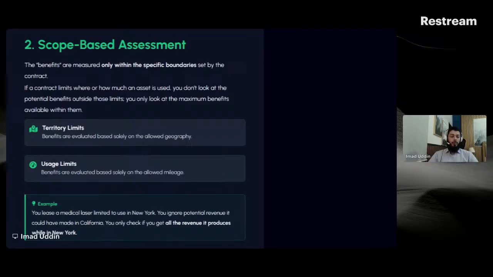So if, for example, you have an asset you can use at multiple locations, and the potential benefit of using it in all those locations is much more than using it in a particular location, but the contract limits the use to that particular location, then you would have to see whether you have the right to obtain substantially all the economic benefits from that asset in that location. So the comparison is between the benefits you can obtain from the asset in that particular location and not anywhere else.